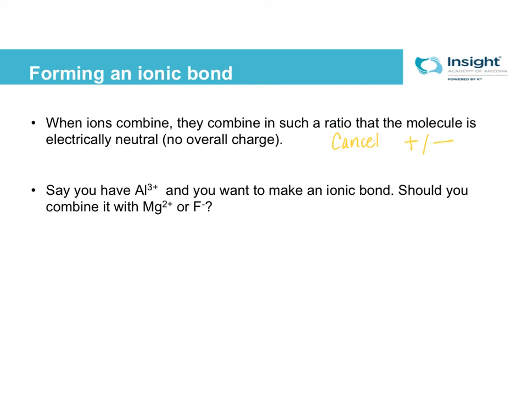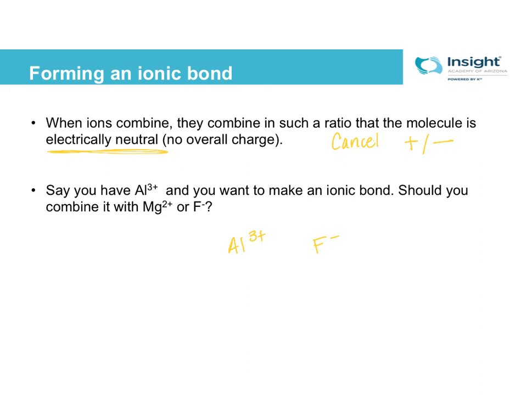For example, if you have aluminum, which falls in group 3A, so it's going to form a 3+ ion, and you want to make an ionic bond, should you combine it with magnesium, which forms a 2+ ion, or fluorine, which forms a 1- ion? All right, if we want to be electrically neutral, we have to have a positive and a negative, so you're going to combine aluminum and fluorine.